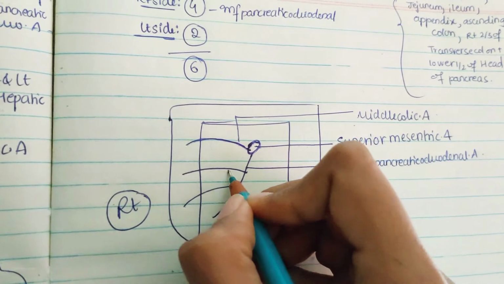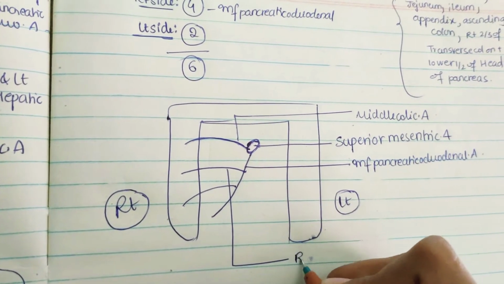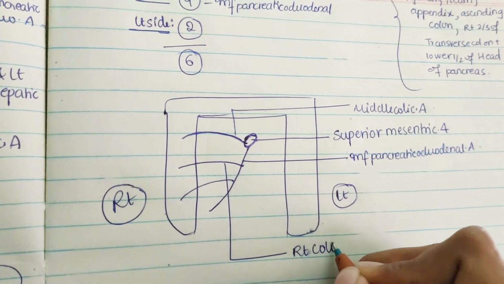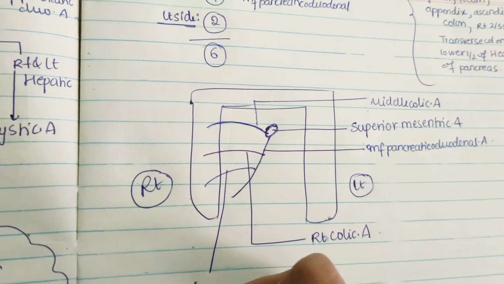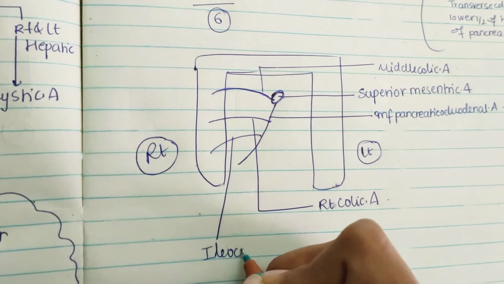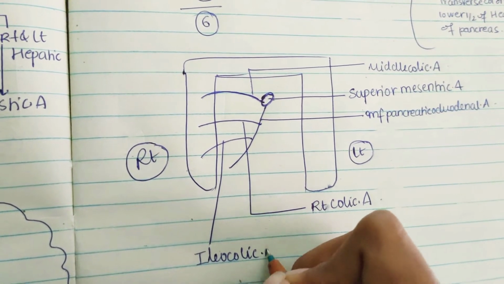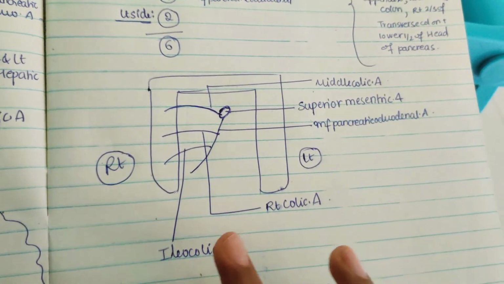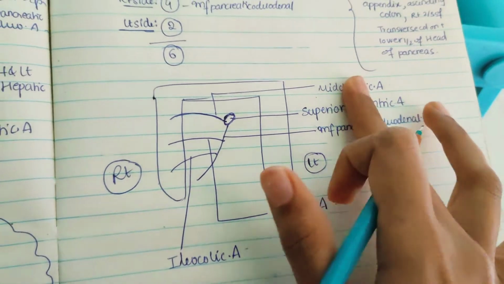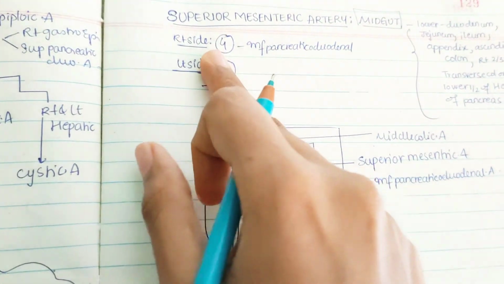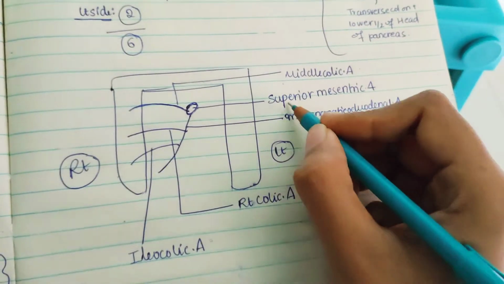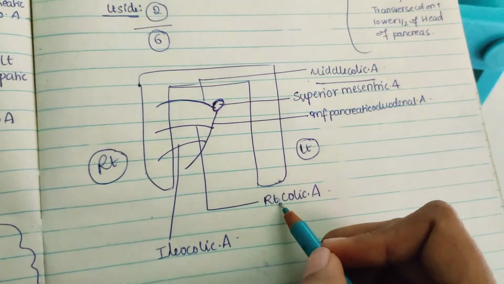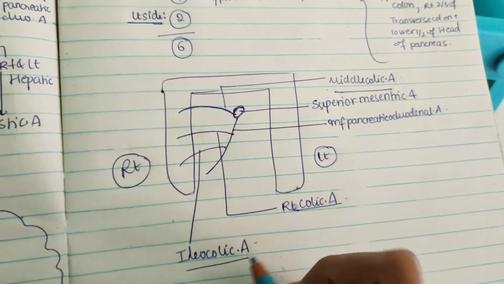This one is the right colic artery, and this one is the ileocolic artery. These are the 4 branches. Count them: 1, 2, 3, 4. So a total of 4 arterial branches are on the right side: inferior pancreatico-duodenal, middle colic, right colic, and ileocolic.